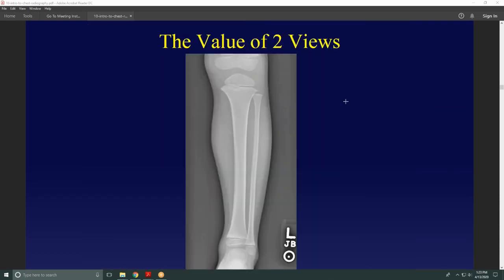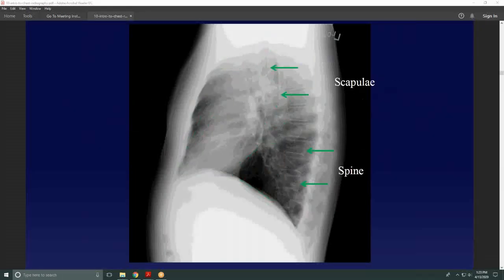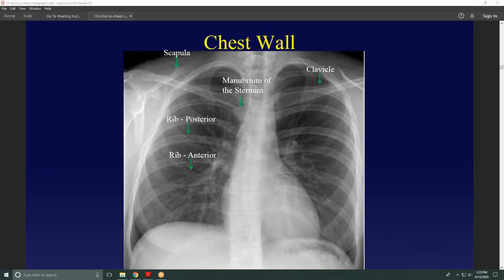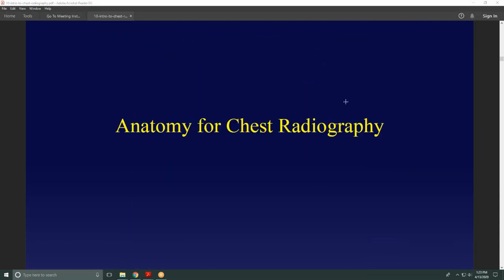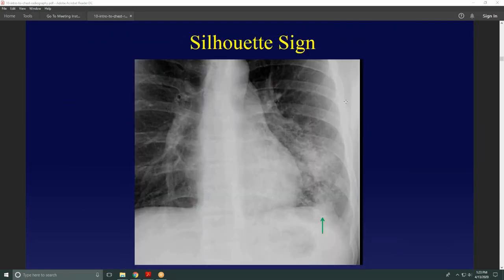You seem to emphasize that for the silhouette sign to be present, they had to be in contact with each other. Is it possible to have a silhouette sign with two objects of similar density simply being superimposed but not necessarily in contact? I love the question. That bothered me when I was a med student too.